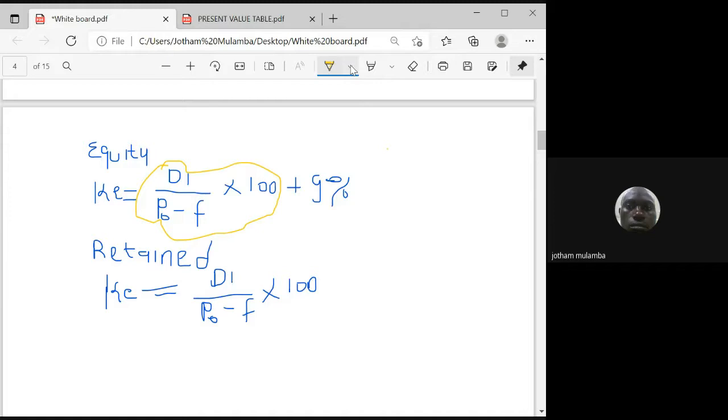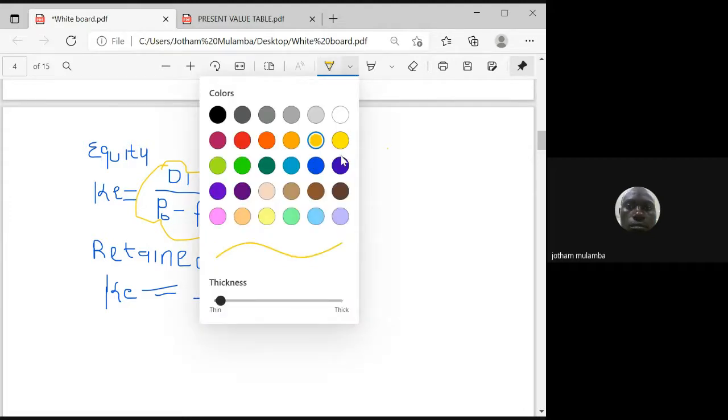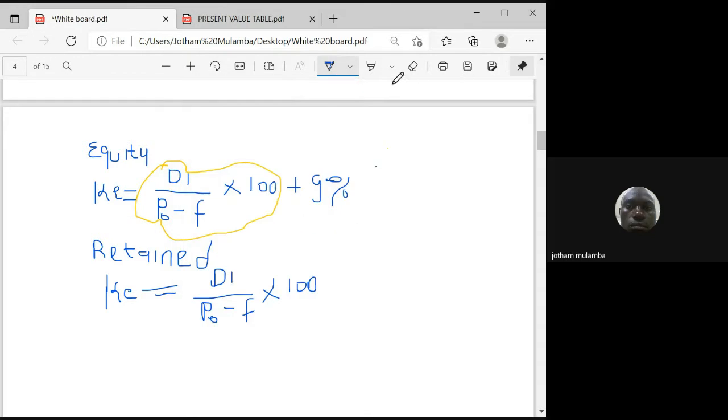We don't consider growth when we are computing cost of retained earning. I hope that's clear. So we move on to the third one.